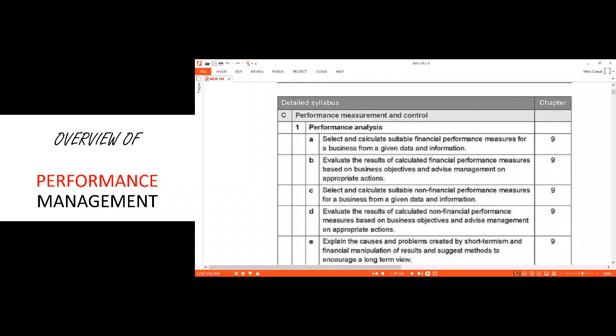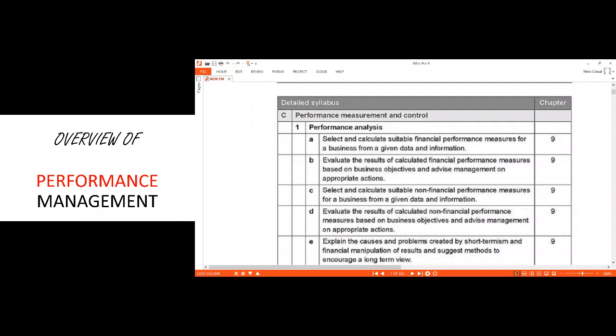Then we will move on to the C part of the syllabus, performance measurement and control. Under performance measurement and control, we will be looking at performance analysis as detailed here. We will be calculating suitable financial performance measurements for a business organization.